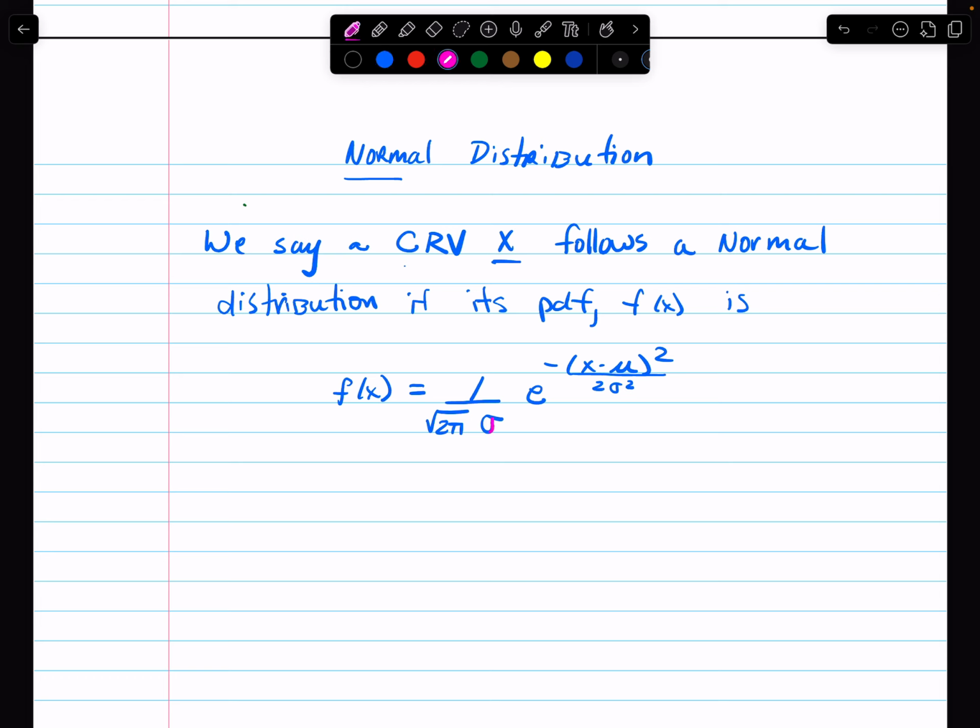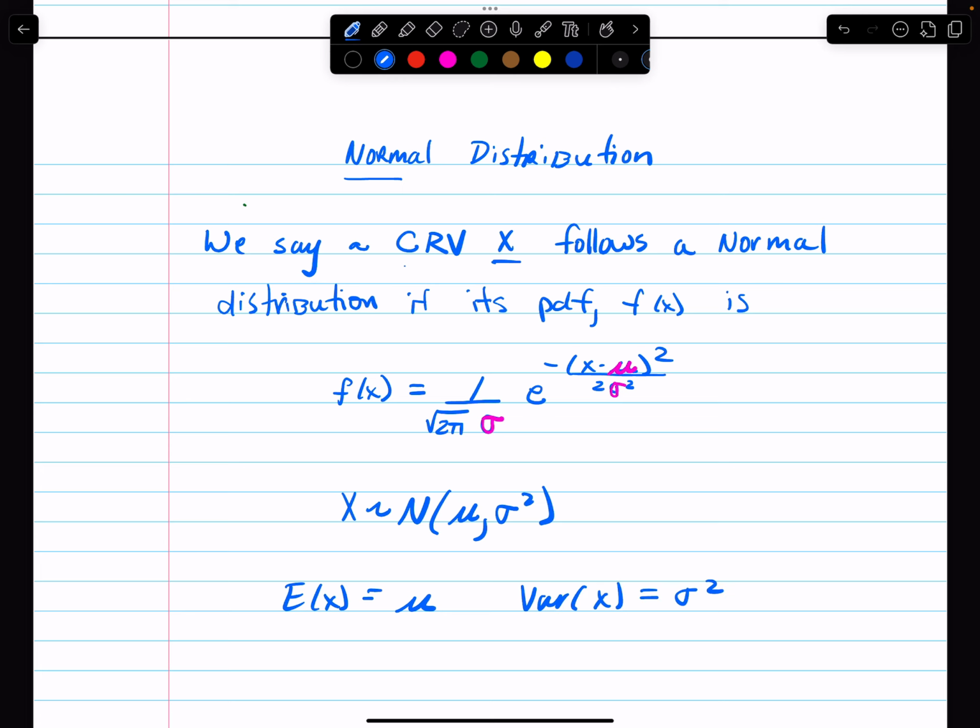The parameters specific to a given normal distribution are mu and sigma. So we write X is distributed normally, mu, sigma squared. Further, the expectation of X is equal to mu, and the variance of X is equal to sigma squared.